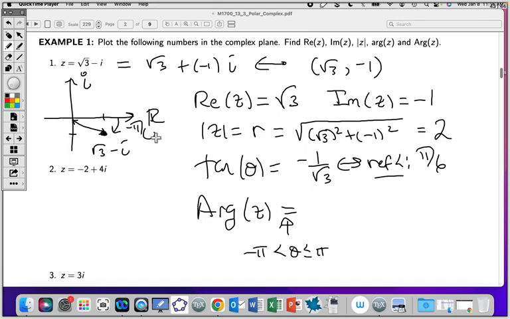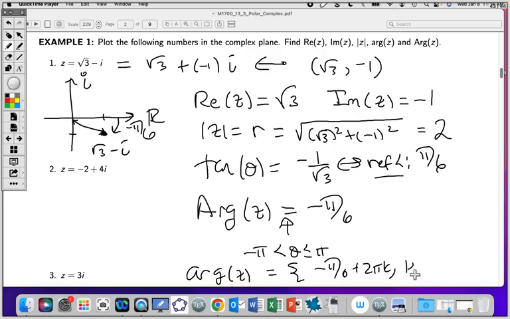And so that would be -pi over 6. And then the set of angles, which is the argument of z, would be -pi over 6 plus 2 pi k, k to be 0, plus or minus 1, plus or minus 2, etc. So that's all the pieces for the complex number root 3 minus i.